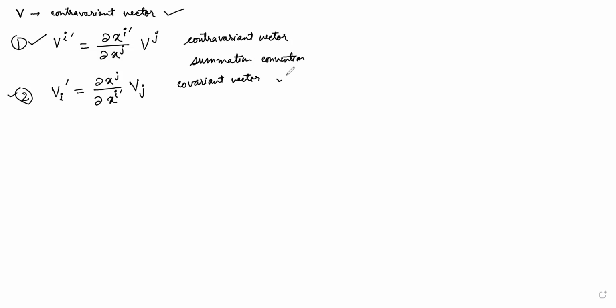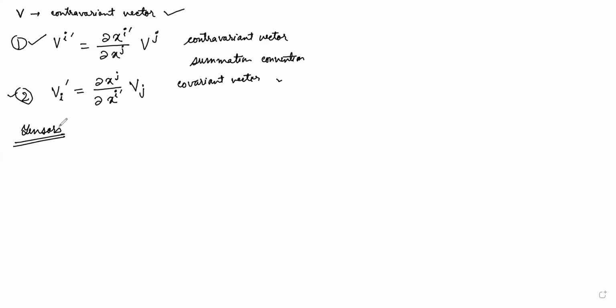I mentioned in the last class that vectors are actually tensors of order 1. I repeat, vectors are tensors of order 1. Now how about tensors of higher orders? Let us come to tensors of higher orders.